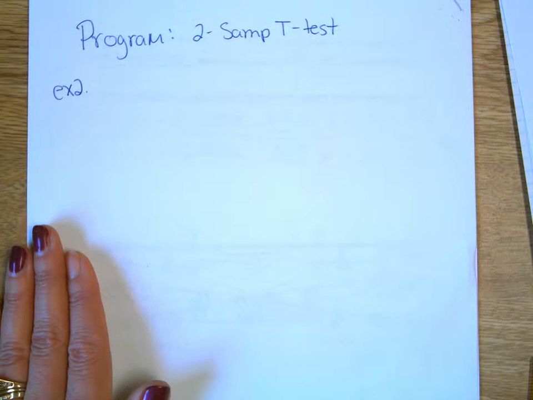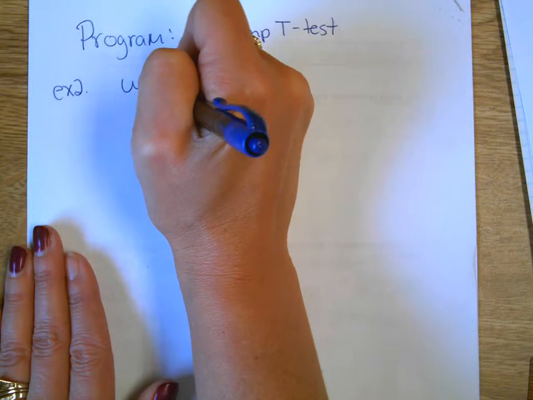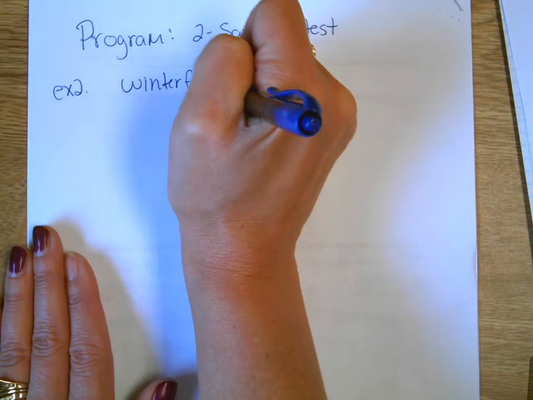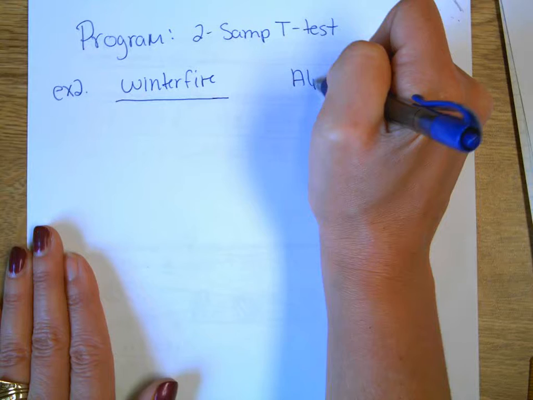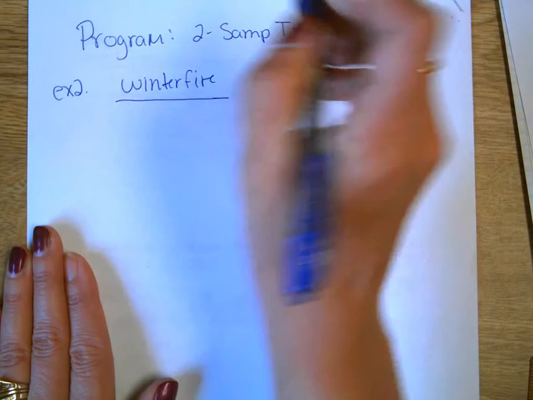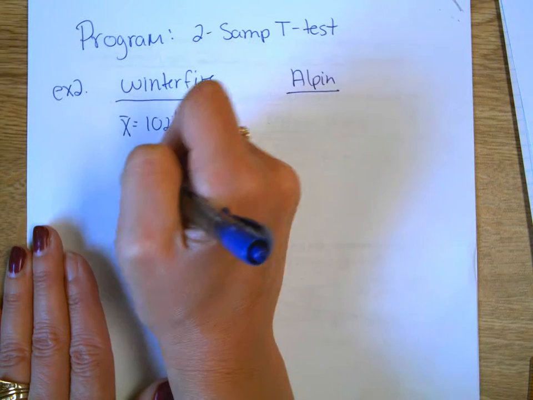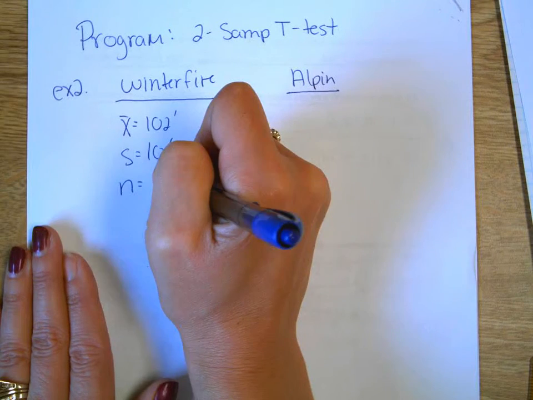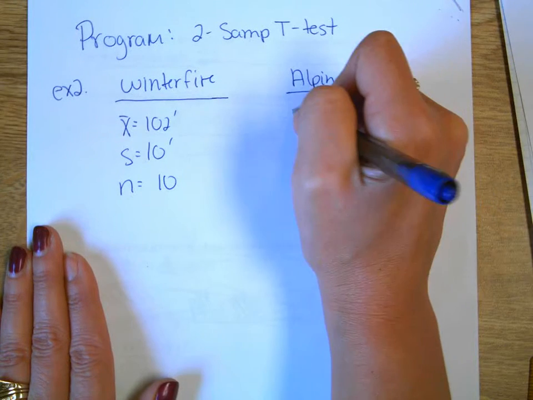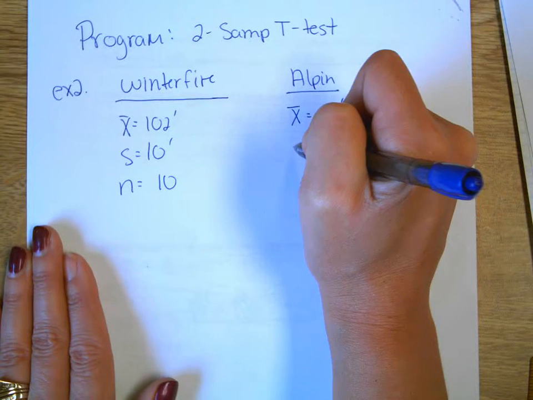So let's see, we're going to compare snow tires in braking distances. We've got Winter tires and Alpine tires. Okay, mean braking distance here, 102 feet. Standard deviation, 10 feet. Sample size, 10. 94 feet.